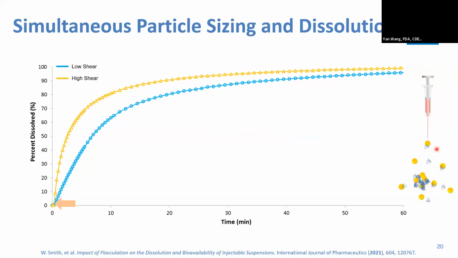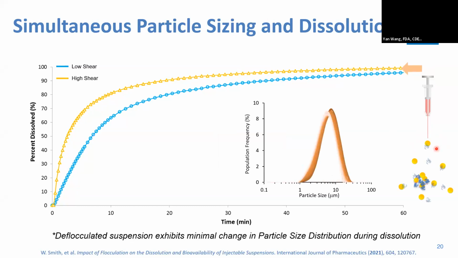On the other hand, when they are introduced as needles and are already at their primary particle stage, the dissolution is much faster. Interestingly, they only exhibit minimal change to the particle size distribution during dissolution. What goes down with time is the count of particles instead of the actual particle size.